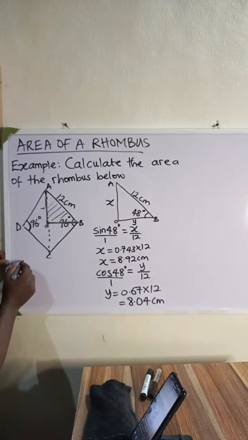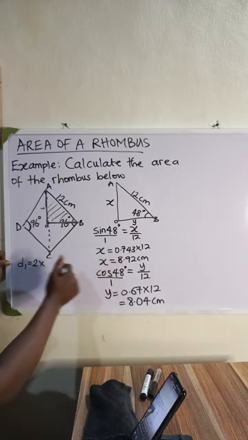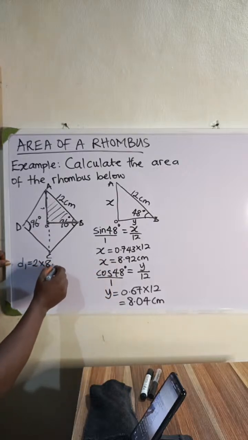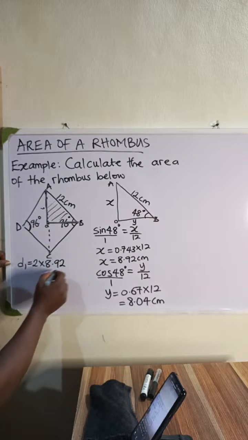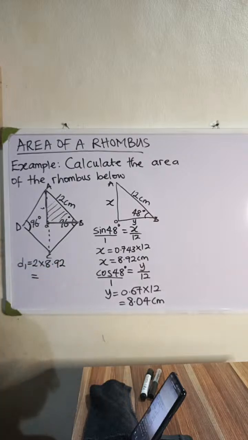So d1 is equal to 2 times x, which is 2 times 8.92. What will that give us? Hope you guys understand what I did.